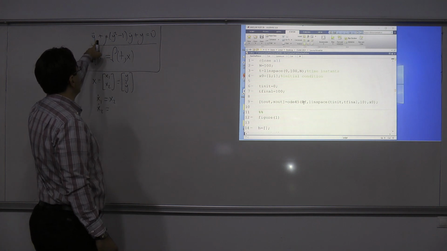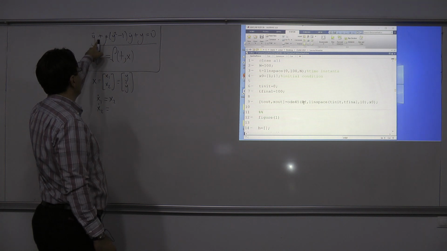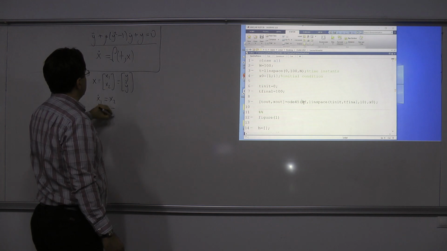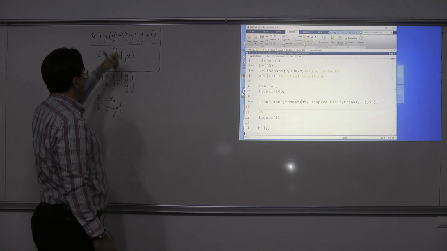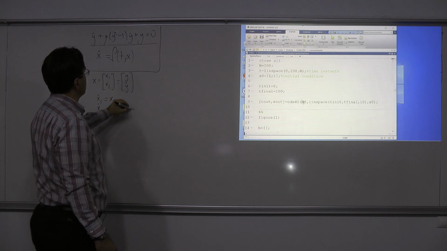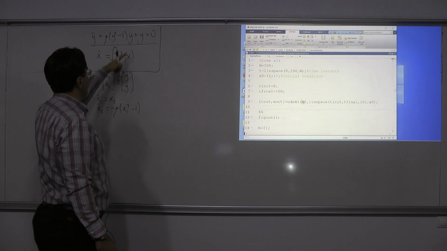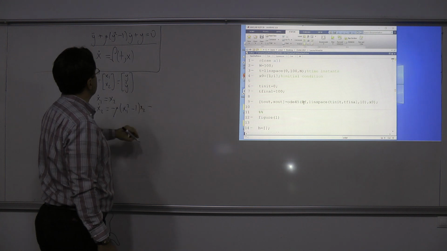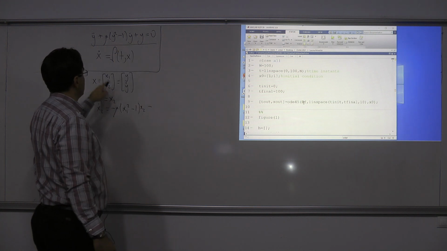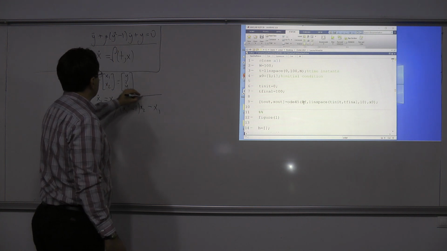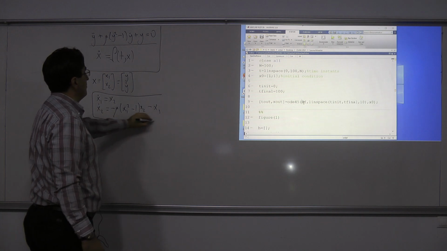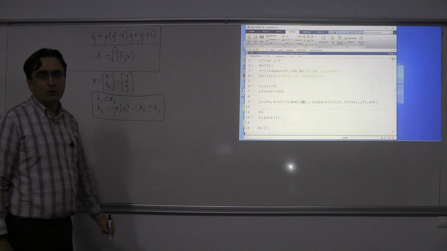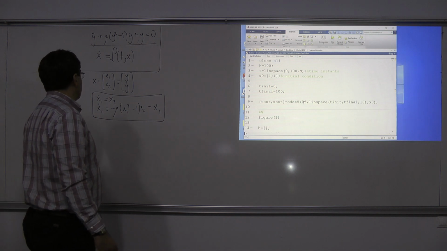And I can write y double dot using the van der Pol oscillator equation as minus mu times (instead of y square, I will write x1 square) minus 1, times, instead of y dot, I will write x2, and minus y, which is x1. Okay? So this is the state space form of my van der Pol differential equation. All right?